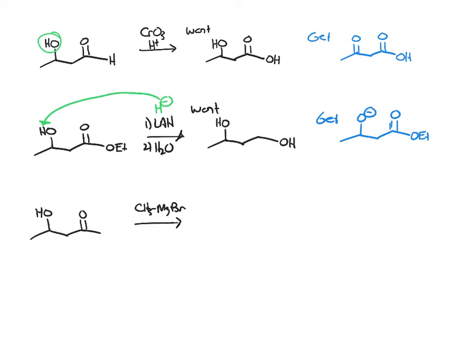So let's say you want to add the Grignard reagent to this carbonyl and get this after workup. Well, just like the hydride, this Grignard reagent does not interact well with alcohols. So it'll just come over and grab that proton.